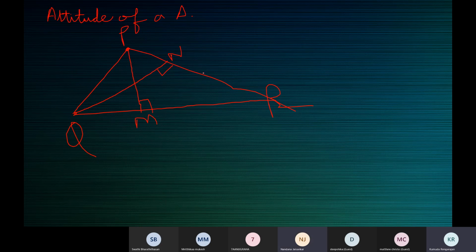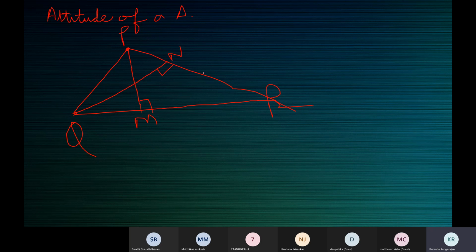Shall I tell that QN is perpendicular to PR? Yeah, QN is perpendicular to PR. QN is a line segment from the vertex Q perpendicular to the opposite side PR.